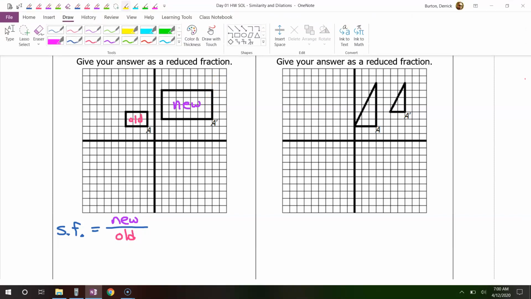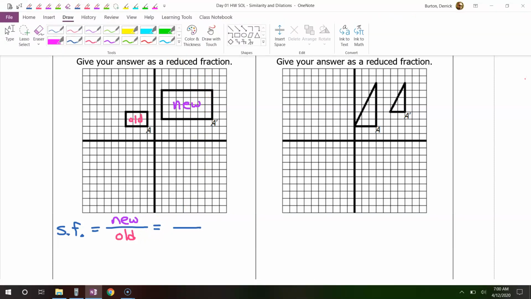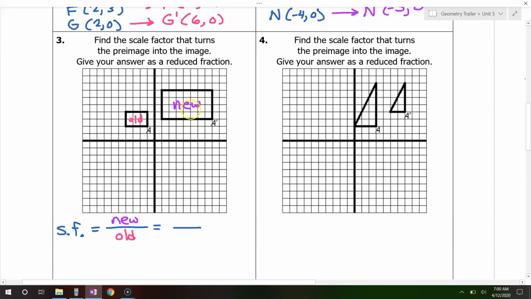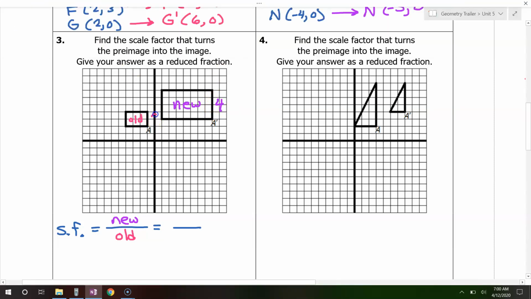So in this case, if I want to calculate the scale factor, I just need to pick one of the sides and compare. So for example, let's do the height of the rectangle. The new rectangle has a height of 4 compared to the old rectangle that has a height of 2. So that means that the scale factor is going to be 4 over 2. It's going to be new over old.